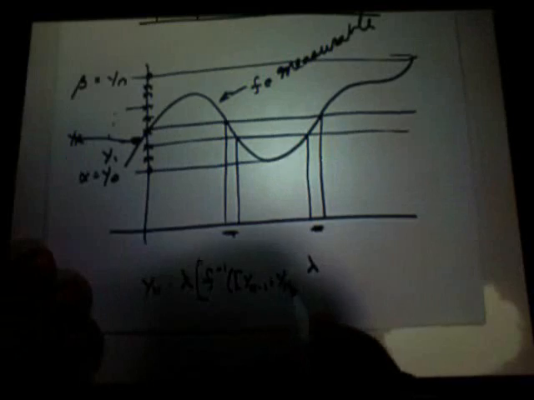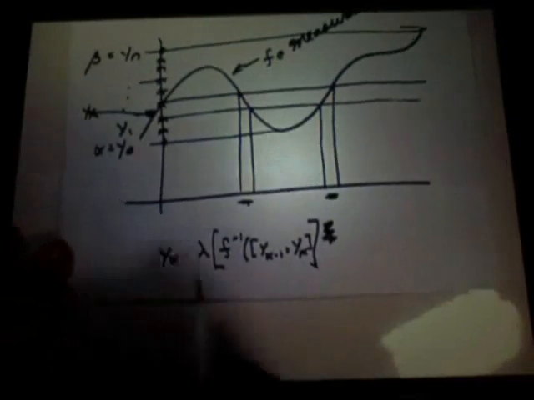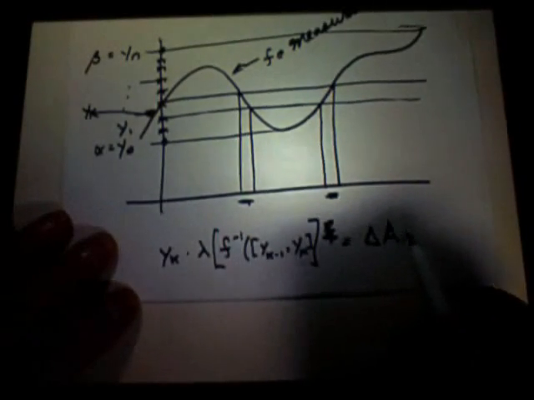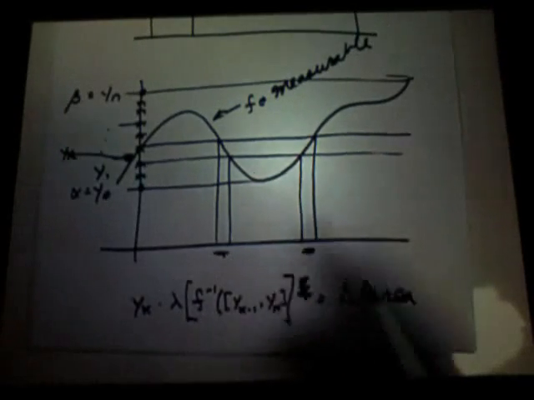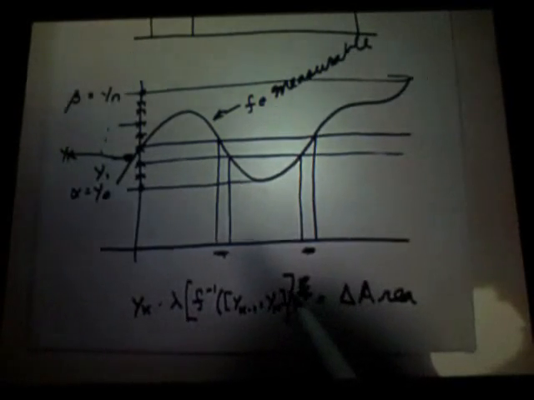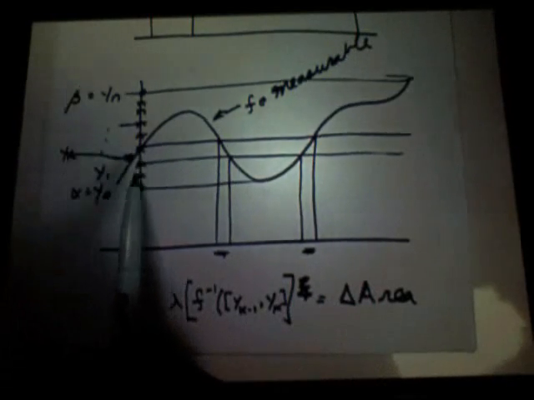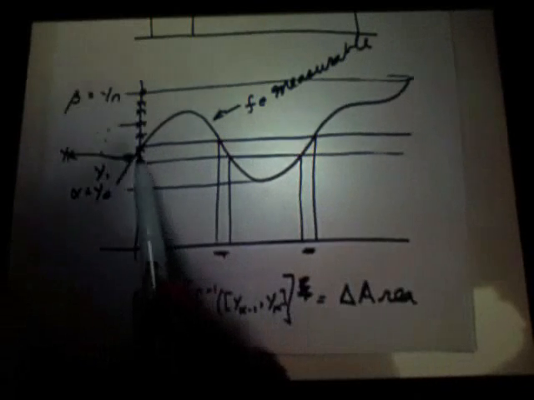Maybe I screwed up the indices here. Okay? So this is the contribution to the integral where the height of the function is between here and here, right? Between y sub k minus 1 and y sub k.